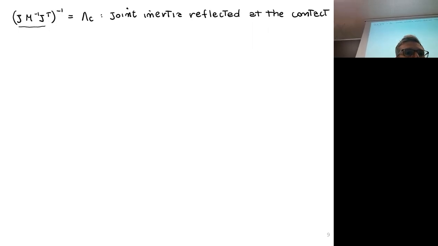This is the same thing. We have a robot inertia represented by the joint space inertia M, and we want to see what is the inertia at the end effector, felt by an observer that is touching the end effector. Okay, and this mapping, of course, will depend on the Jacobian, as this expression shows.